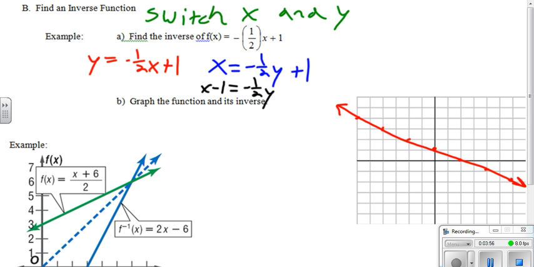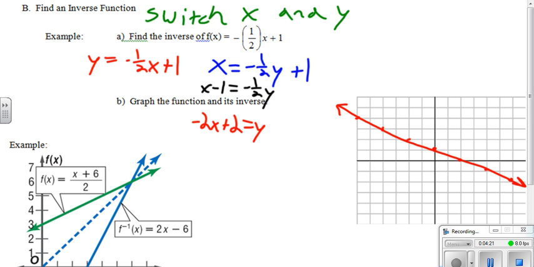To get that negative 1/2 out of there, remember, anytime it's a fraction, you multiply by the reciprocal, and we'll keep that negative. So we want to multiply by negative 2 over 1, which is the same as multiplying by negative 2. So we get negative 2x, and negative 2 times negative 1 is plus 2, equals y.